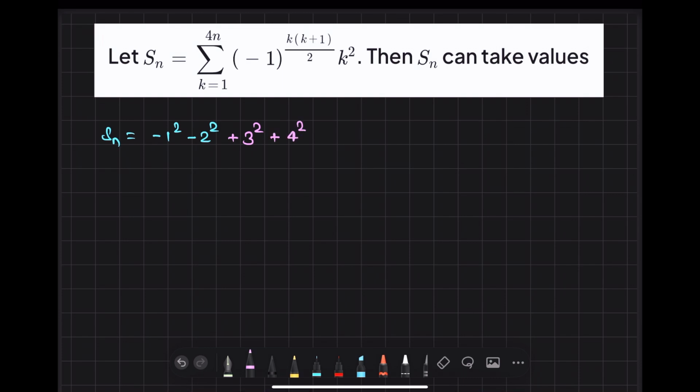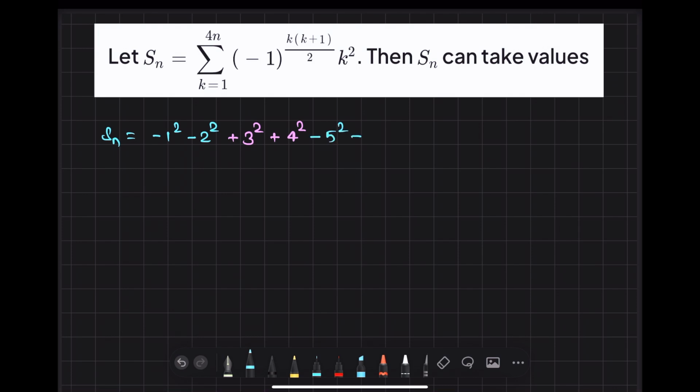Now I will take k as 5. So 5 into 6 is 30, 30 by 2 is 15, 15 is an odd number. Minus 1 power 15 is negative. So minus 5 square.